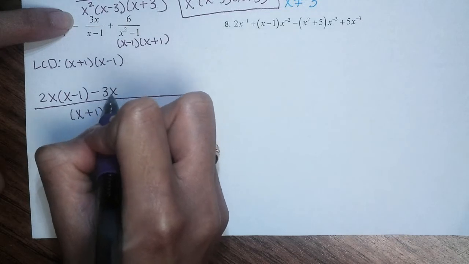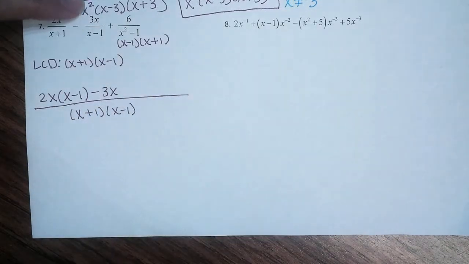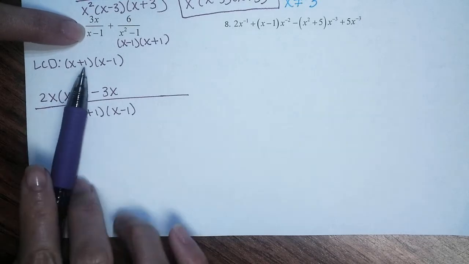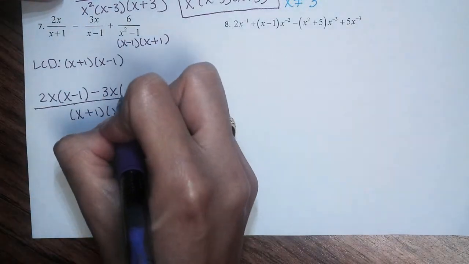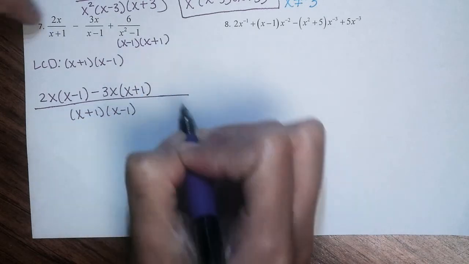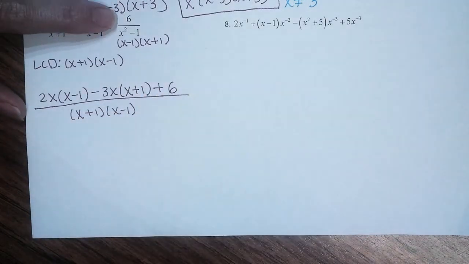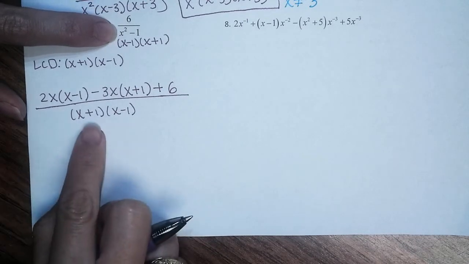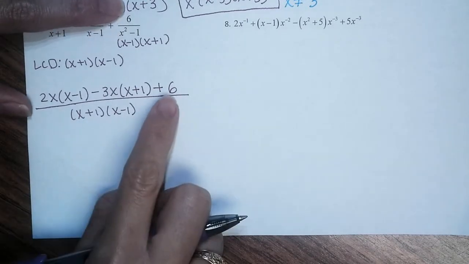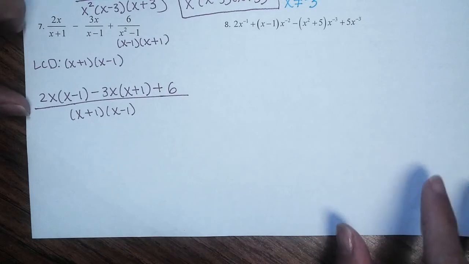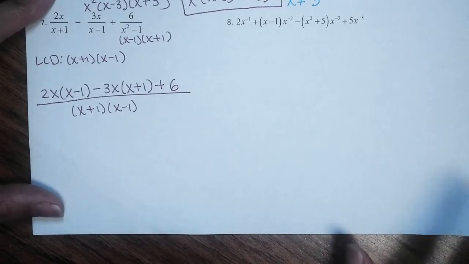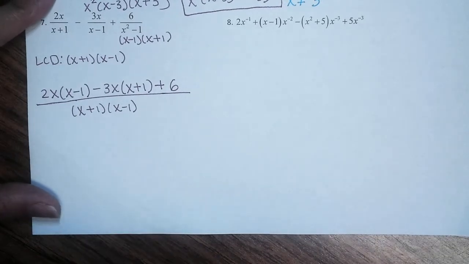Minus 3x. The second fraction is missing the x plus 1. So I need to multiply that numerator by x plus 1. Plus 6. The last fraction is not missing any factors from the LCD, so that's not going to be multiplied by anything. It's just going to be a 6. Now that I have that, you just need to simplify the numerator.